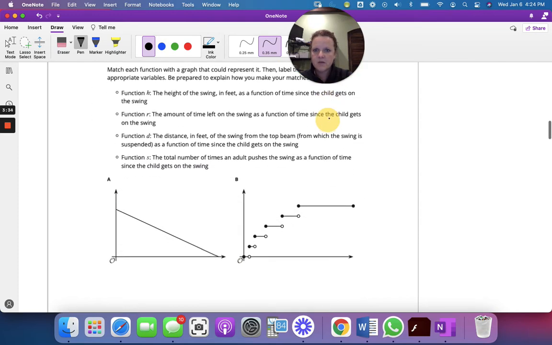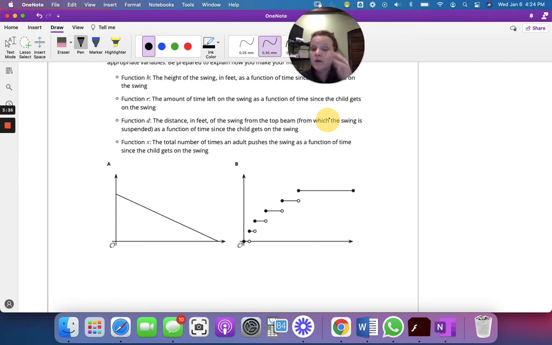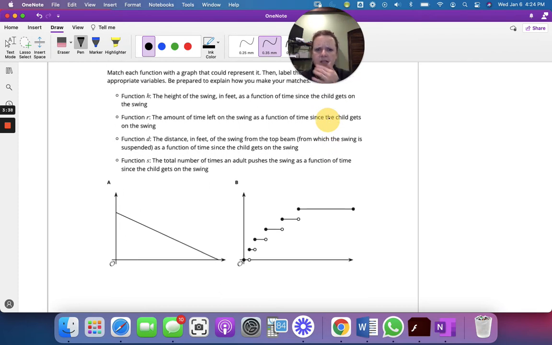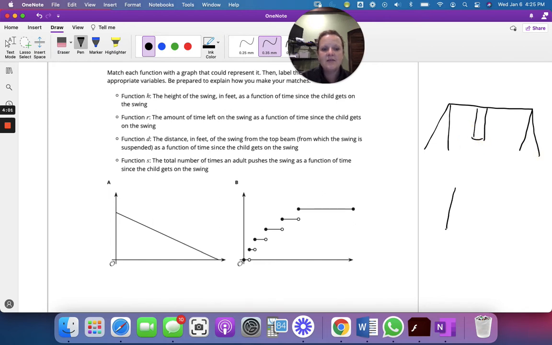All right, so we have function h, the height of the swing in feet as a function of time since the child gets on the swing. And think about that child. I'm not going to be very good at drawing this, but we've got a swing set, and if I did the side view, we would have the swing with the child sitting on it and her feet kicked out, right?